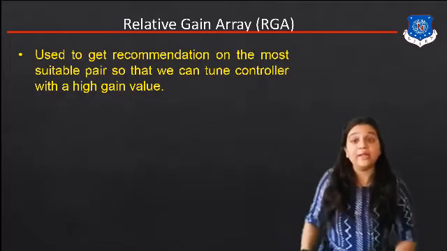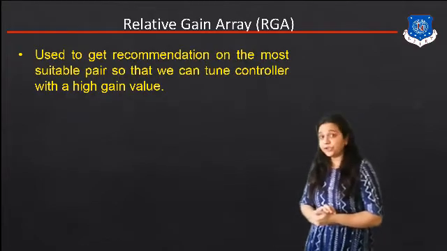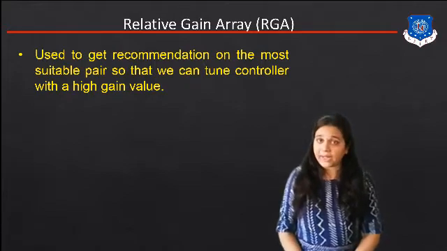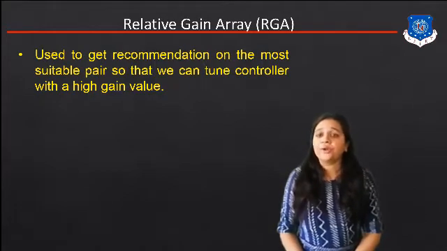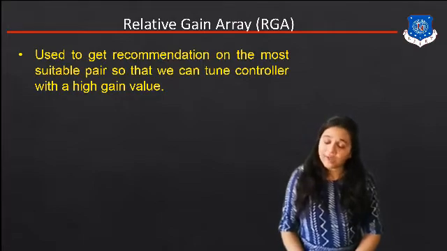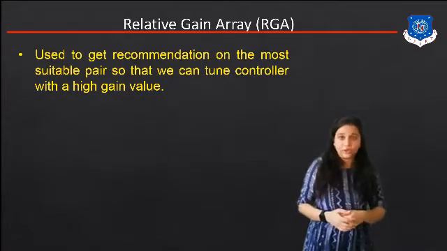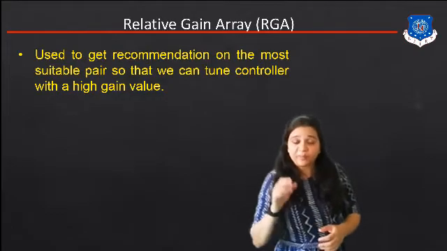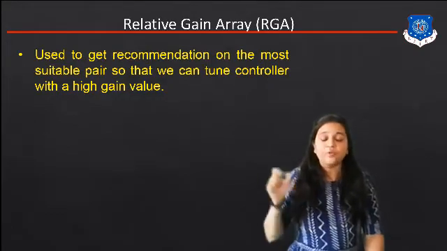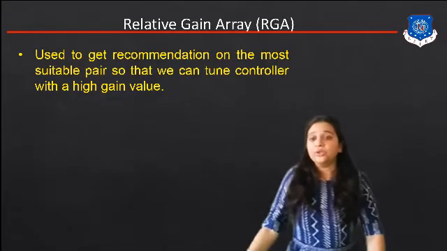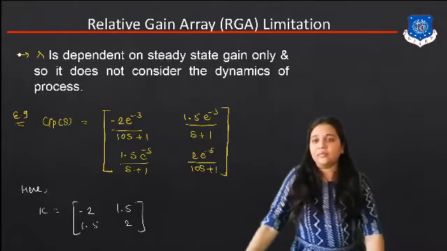The relative gain array is used to get the recommendation on the most suitable pair so that we can tune the controller with a high gain value. We can take one controller at a time as 0 and check what is the best suitable pair for this particular plant, and we can easily tune the controller with the high gain value.